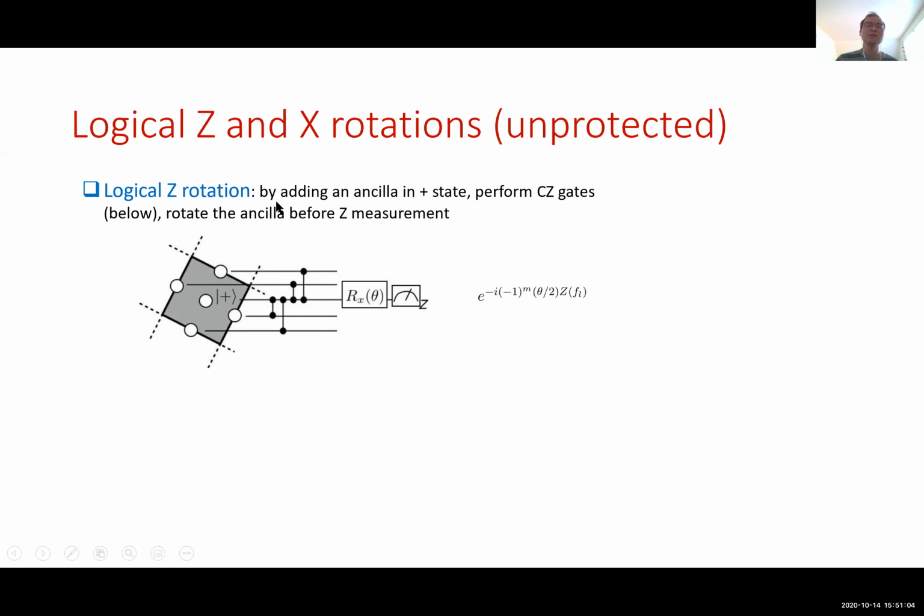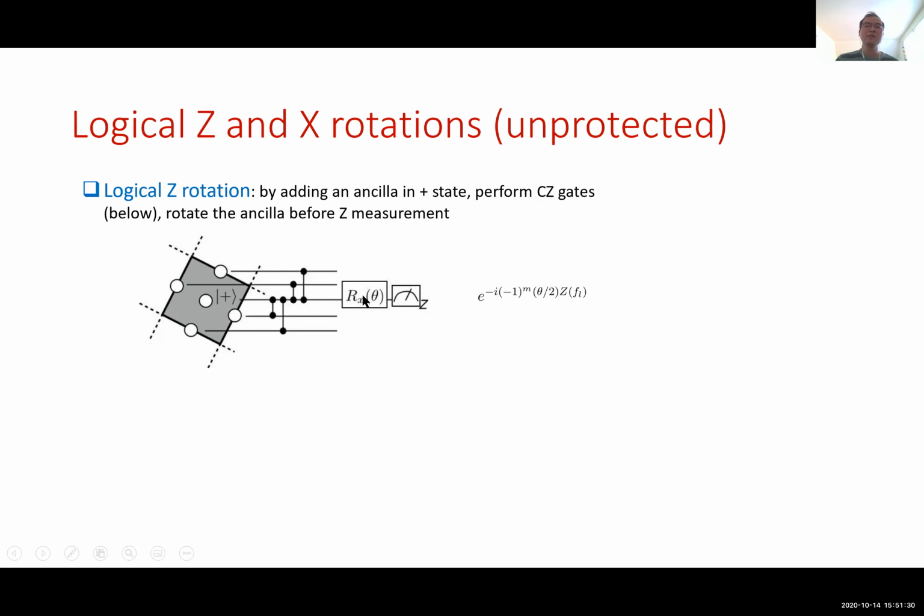Is that you have a plaquette, right? And there are 4 qubits. If I can prepare another ancilla, adding a 5th qubit, but in a plus state. Remember, I can initialize in a plus state by just measuring the X. And then I perform physical control Z in this way.